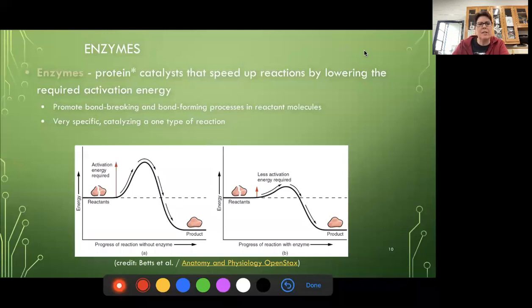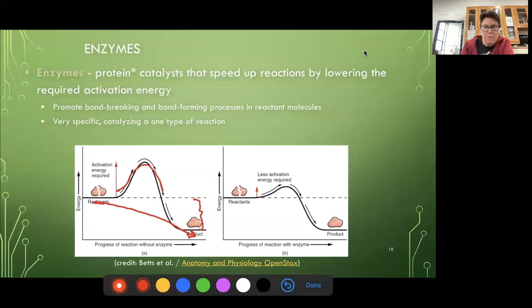I kind of already mentioned this before, but now we can see this little table here. So this is an exergonic reaction. It's exergonic because the reactants are higher, and when we get done, our products are at a lower energy state. So the amount of energy we give off, our free energy, is right here. But in order for me to give off this free energy, I've got to get up and over this hill.